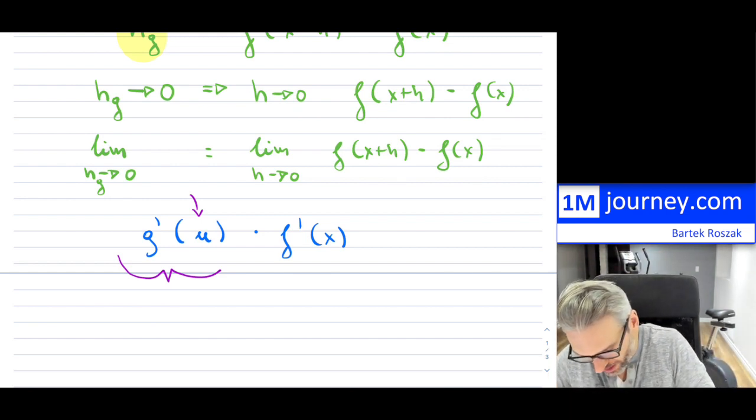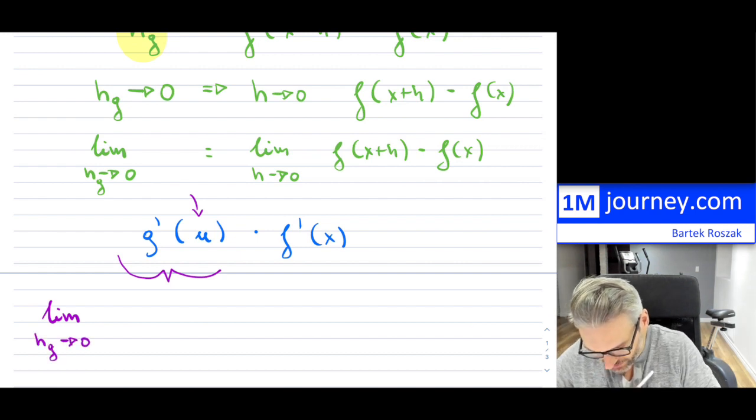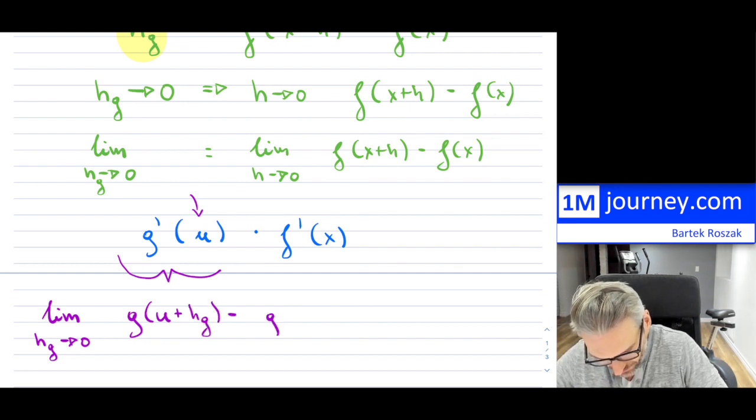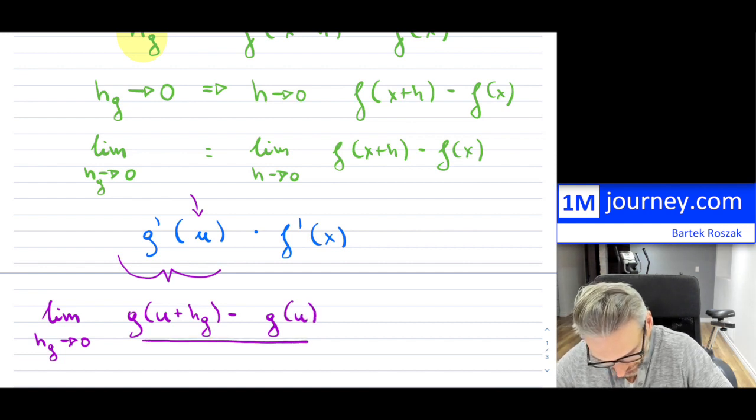So if I would write out the original limit, I'm going to write it like this: the limit as hg approaches 0 of g(u + hg) - g(u) all over hg.